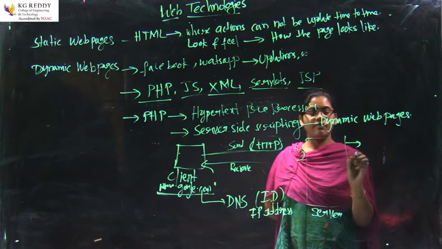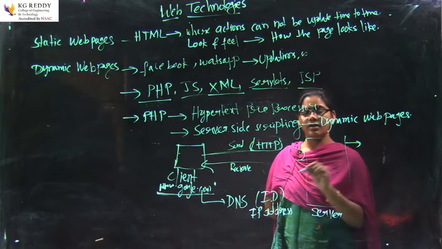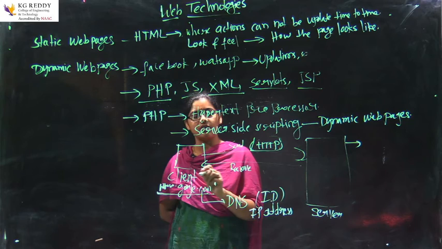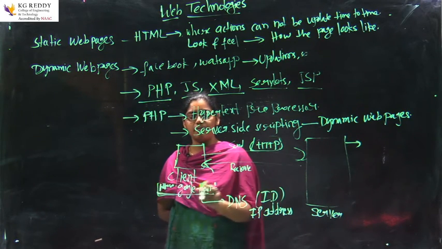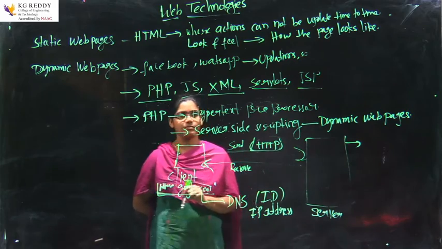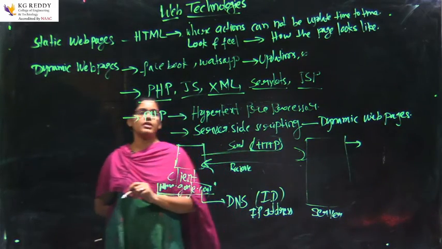So the server will find the IP address of a particular client system and give the response to the client, and then the page will be opened. This is how web technologies work.